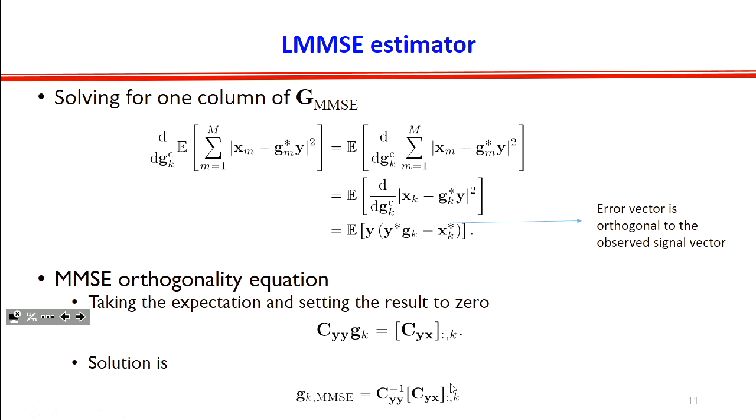So use that to estimate G. So send this to the other side, which is the inverse of the covariance of Y multiplied by the cross correlation. That's the equalizer vector based on the minimum mean squared error criterion.